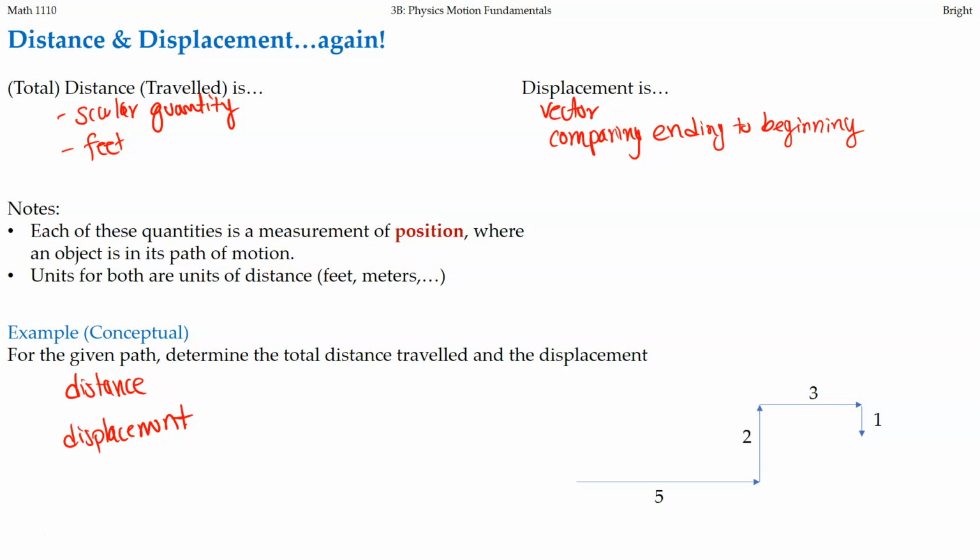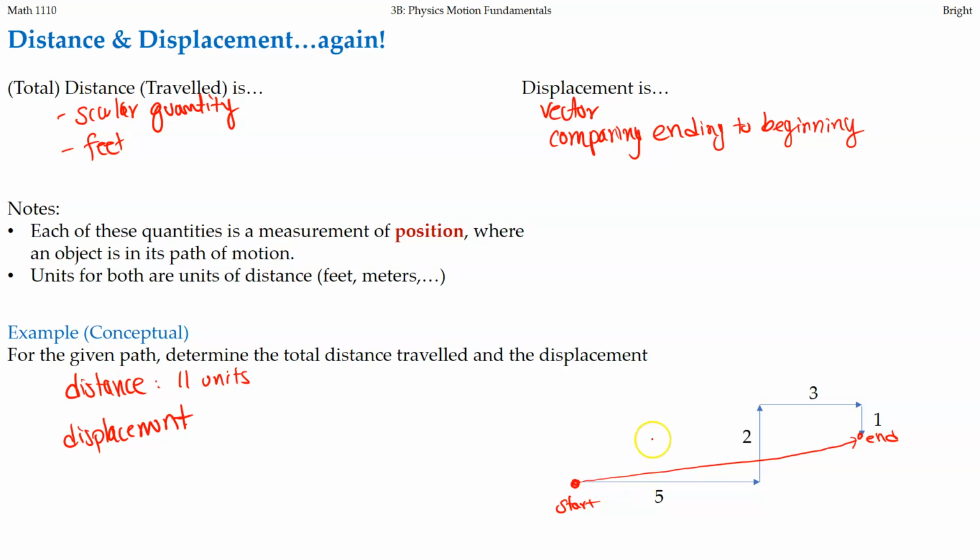Well, distance really is just adding everything up. So this is going to be 11 units, so 5 plus 2 plus 3 plus 1. I didn't say feet or meters, so it's just going to be 11 units. Displacement is a little bit more interesting, because what we need to imagine is that if we started here and we ended here, our displacement vector would point from start to end.